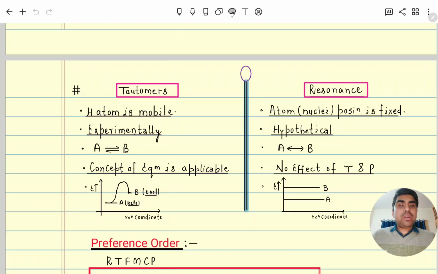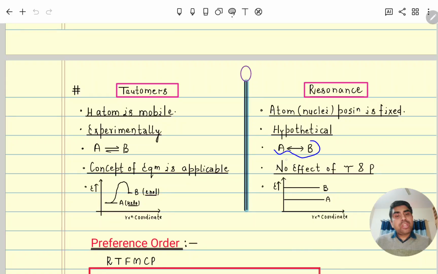Clear? Whereas coming to resonance, what will happen? The atom or nuclei position is not changing. What is changing is the double bond and delocalized lone pair, always changing position. It is hypothetical, meaning resonating structures are not actual structures.